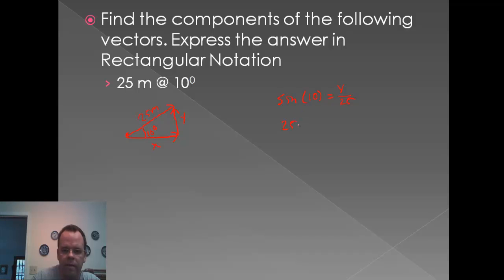So 25 times the sine of 10 will equal y. It comes out to 4.34 meters. And the cosine of 10 will equal x over 25. So 25 times the cosine of 10 will equal x, which will be 24.6.